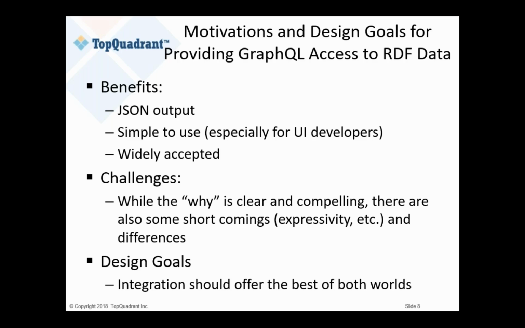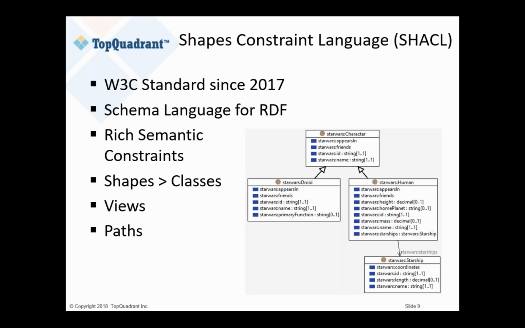So now, of course, what are the differences? And there are differences between the RDF world and what can go out in GraphQL. So we've tried to build a bridge between those two worlds. And in particular, we are using Shackle, which is a W3C standard, to build this bridge, basically to define how the GraphQL queries are mapped into the RDF world and which data is queried.